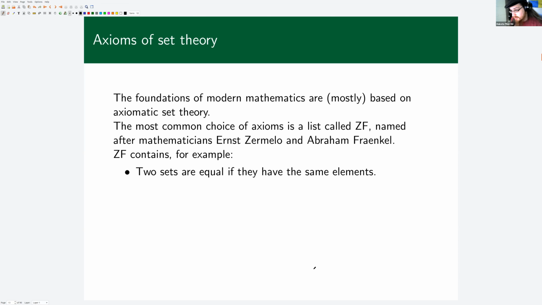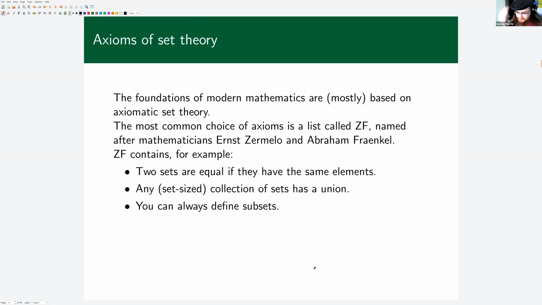If you want to check that 2 sets are equal, it's enough to say they have the same elements.